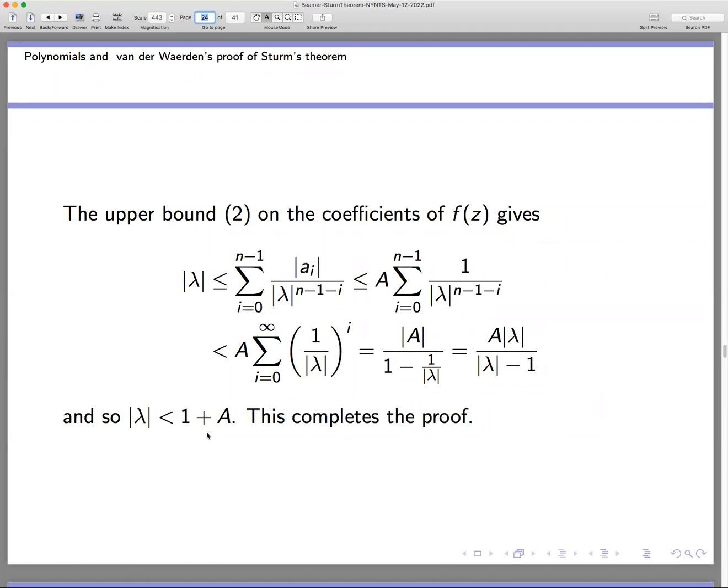There's actually a much more interesting proof. There's a famous theorem of Gershgorin, which gives you a bound for the eigenvalues of a matrix.